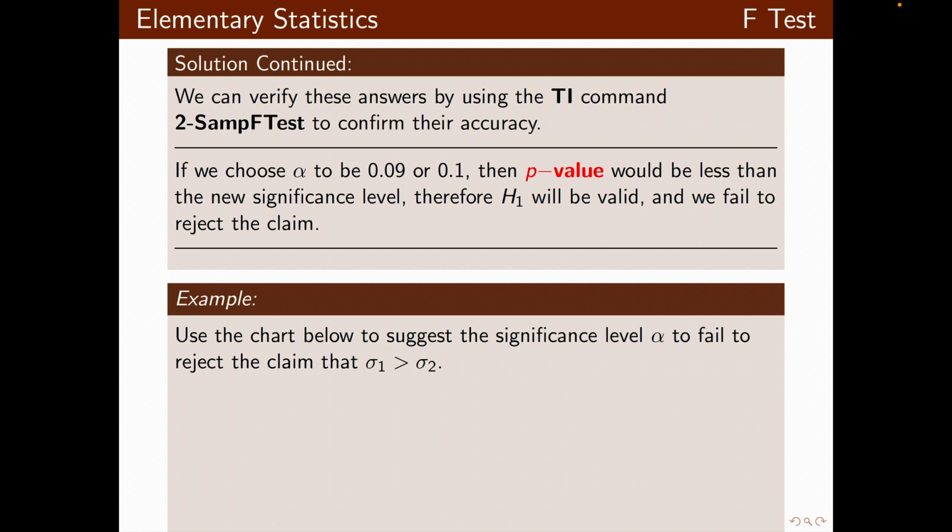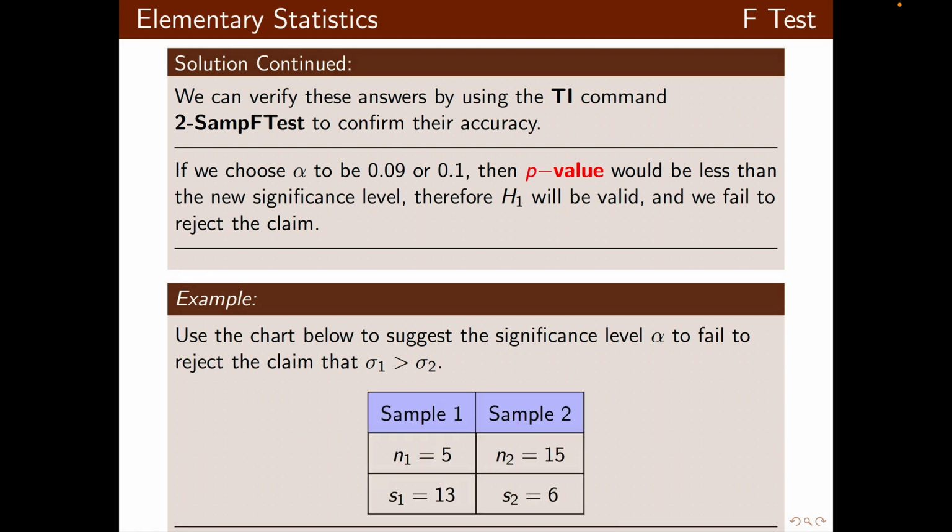In this new example, we're going to use the chart below to suggest the significance level alpha to fail to reject the claim that sigma 1 is greater than sigma 2. So we have sample 1 and sample 2. We have sample sizes and we have sample standard deviations.